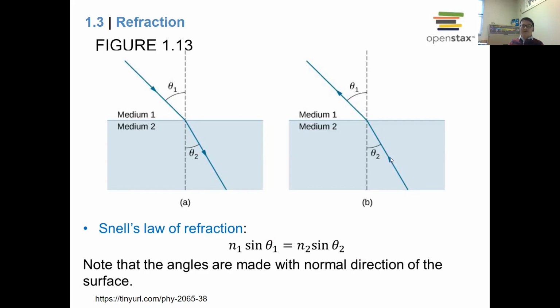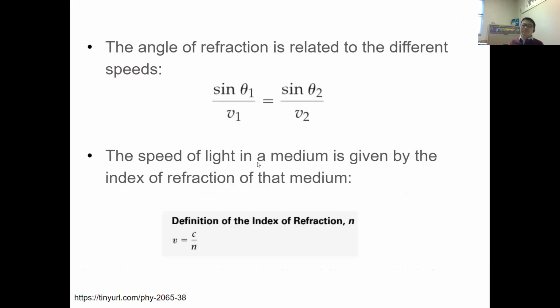And you can have the light propagate in the reverse direction, this case here on the left versus the case on the right. Because you switch the two sides of the equation, it still applies. So the propagation of light is actually reversible in that sense.